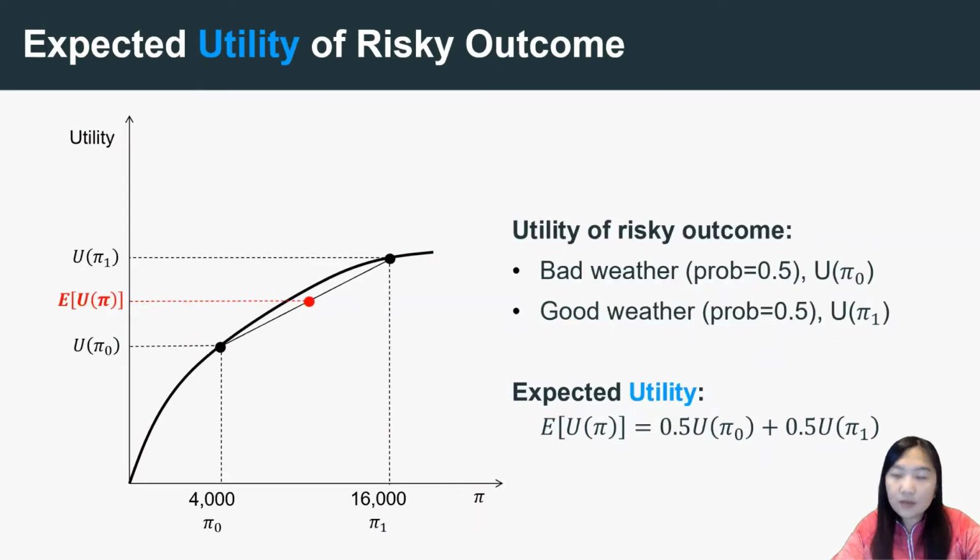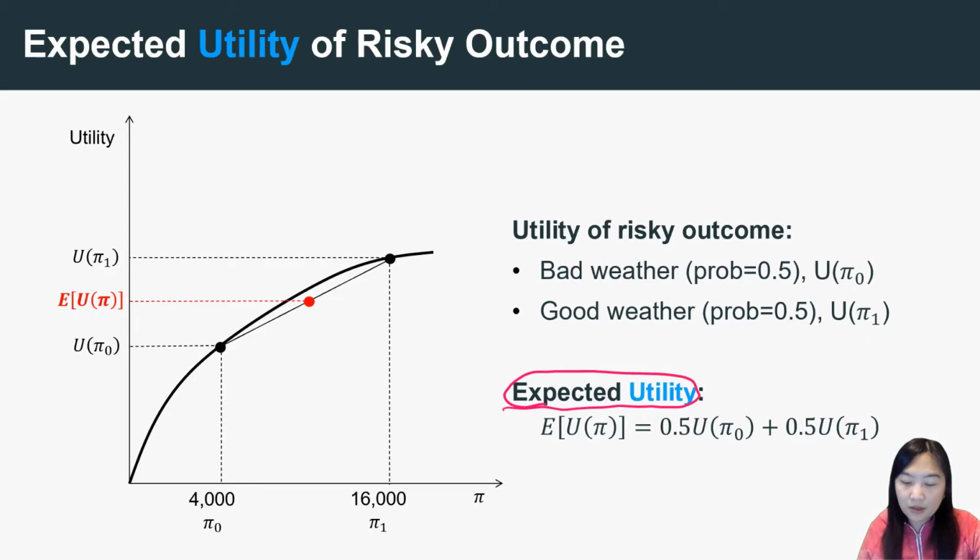And what I have shown you here is the utility of expected profit. A different concept is expected utility. So again, here is expected utility. In the previous slide it was the utility of expected profit. In order to calculate the expected value, I hope you still remember, it is the probability times the value.